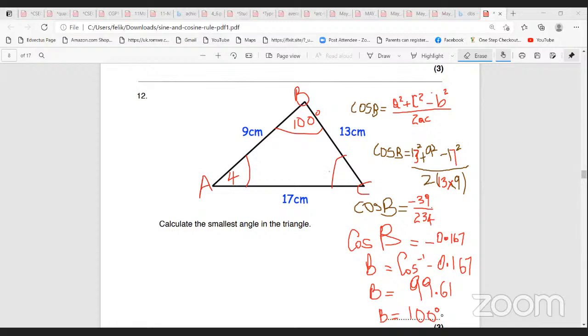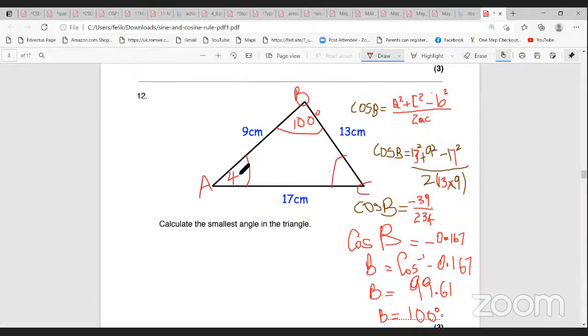So it's cosine, so 0.656. All right, so it was 49. So the angle here was 49.